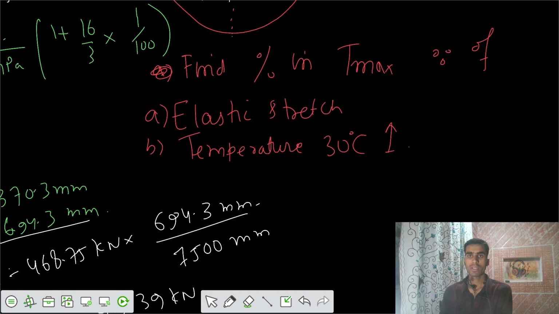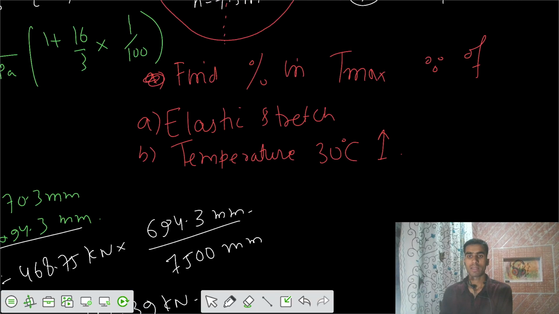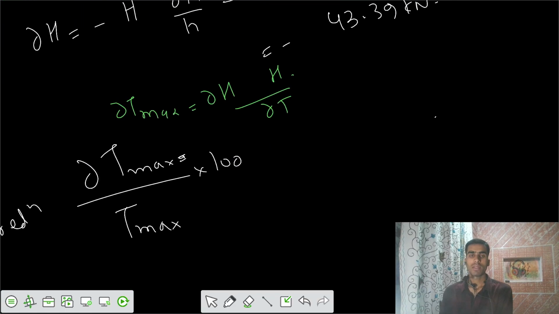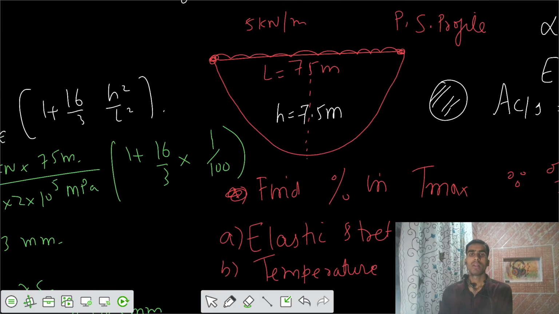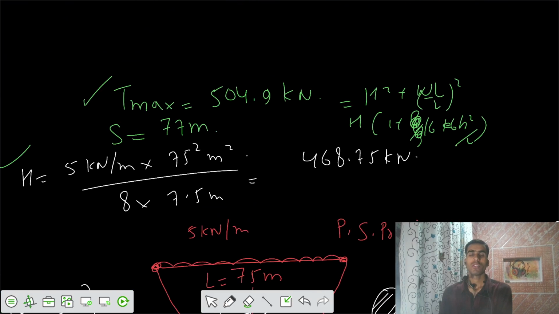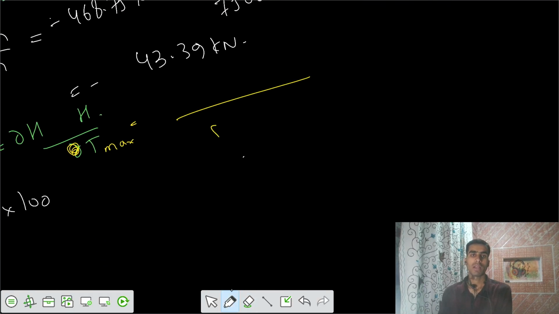Let's write that directly. This is the equation for change in maximum tension: ∂Tmax equals ∂H into H by Tmax. Sorry, the denominator should be Tmax here. And from the previous result we have the value of Tmax, 504.9 kilonewton.